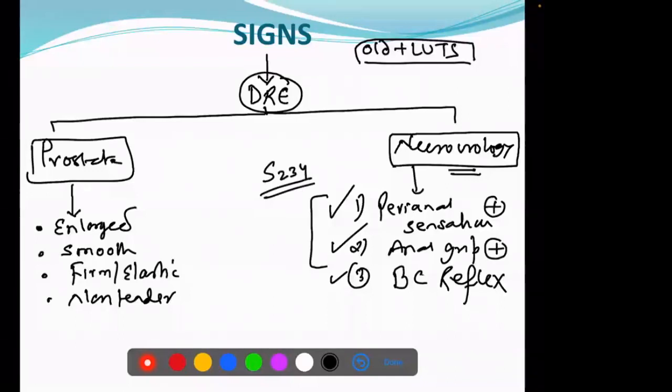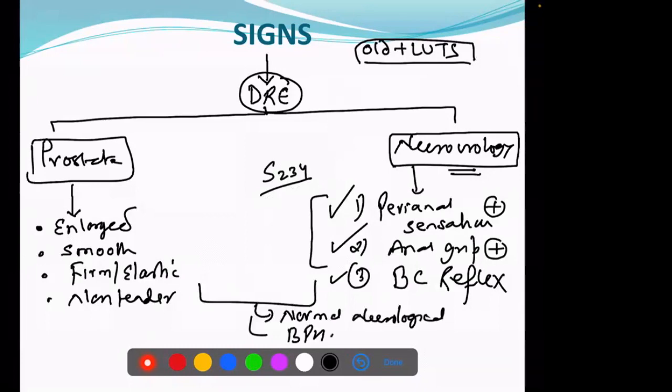If not, then you will get a finding, and you have to go through a detailed investigation to find any neurological problem. In case of BPH, we get a normal neurological finding, usually normal, and obviously we get the finding of BPH, that is an enlarged, smooth, elastic, non-tender prostate.